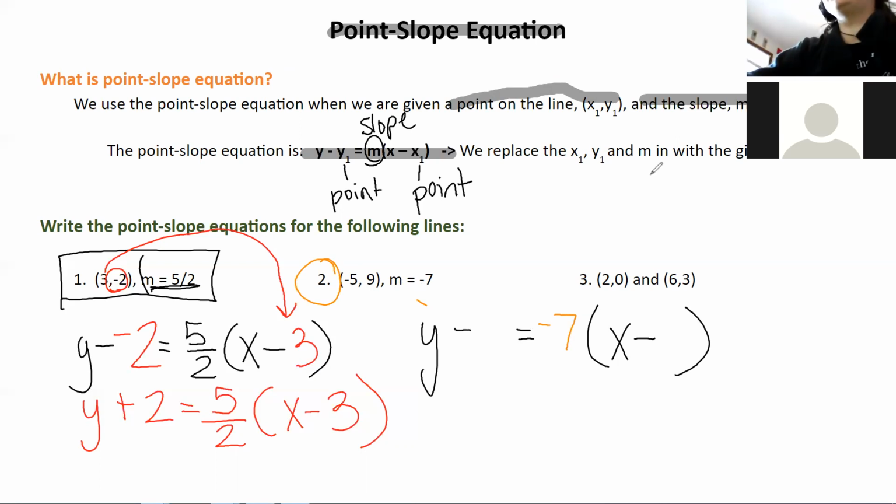What am I going to stick next to the y here? What's going to go over here? Y minus what? What do you think? What's my y value from the points that they gave me?